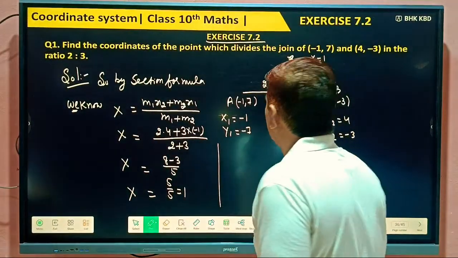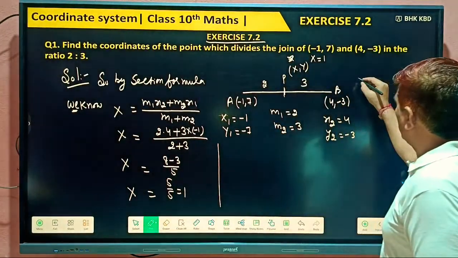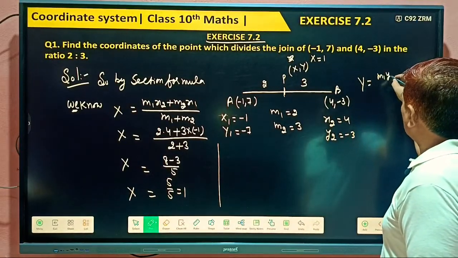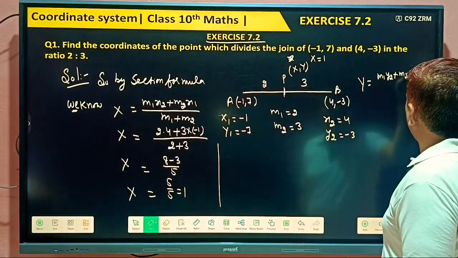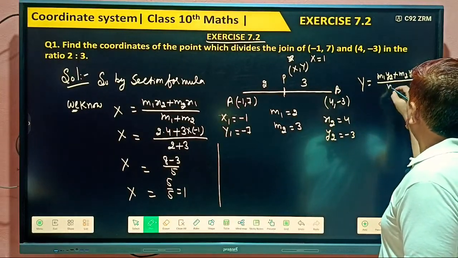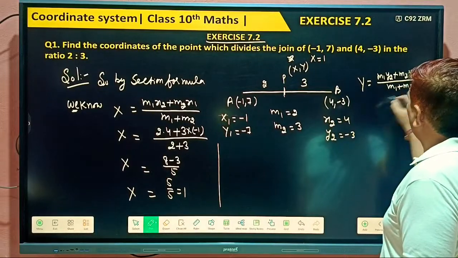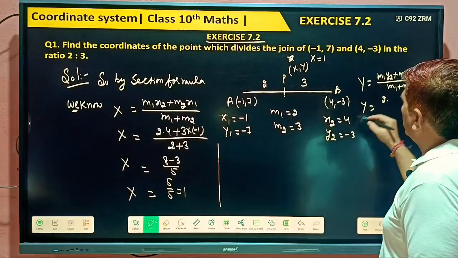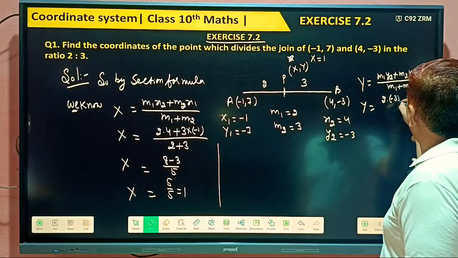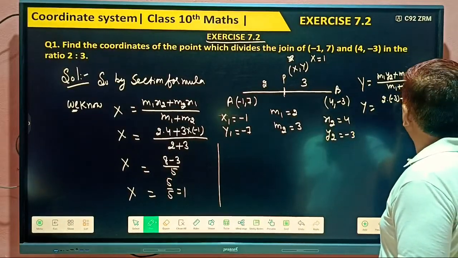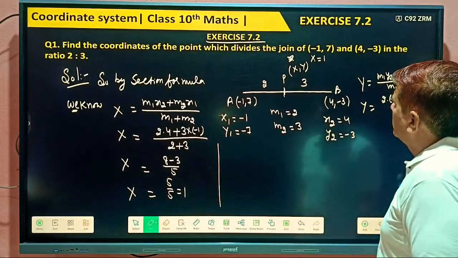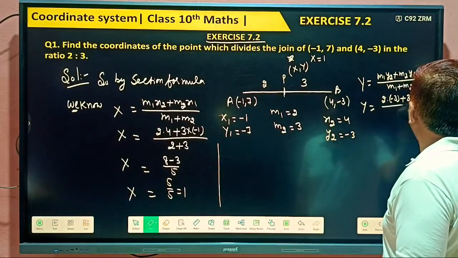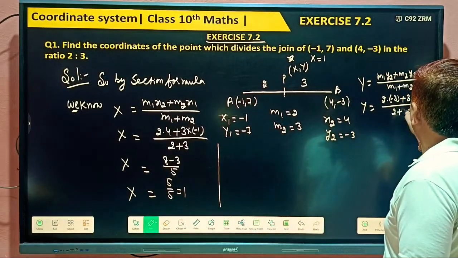Similarly, using the section formula, y equals m1 y2 plus m2 y1 divided by m1 plus m2. So y equals m1 what? 2, y2 -3, plus m2 3 into y1 -7, by m1 2 plus 3.